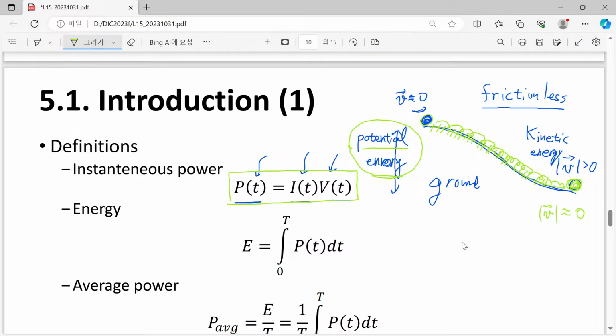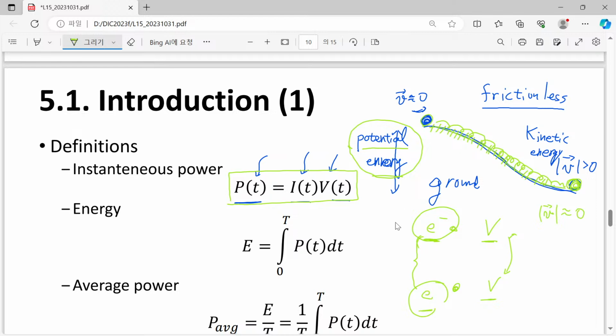Here we have voltage. This is a relatively higher voltage, and here we have a relatively lower voltage. If we have electrons here and electrons there, they can have different potential energy due to the voltage. So this reduction of voltage is not converted into an increase of our electrons' kinetic energy.